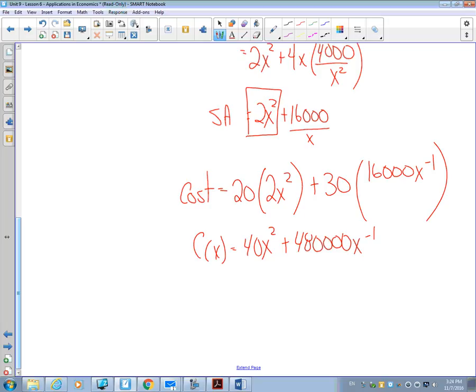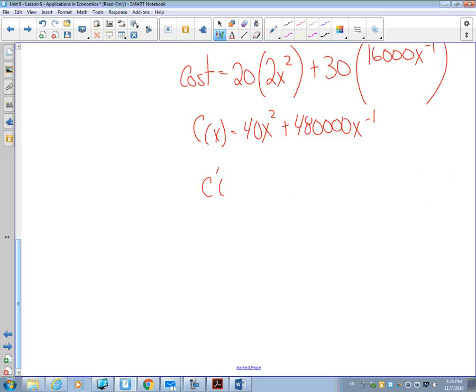Cost we want to minimize. How do we minimize it? Derivative equal to 0. So 0 equals 80x, oops, not plus, minus 480,000 over x squared. And we're going to do our standard cross multiply and solve, right?